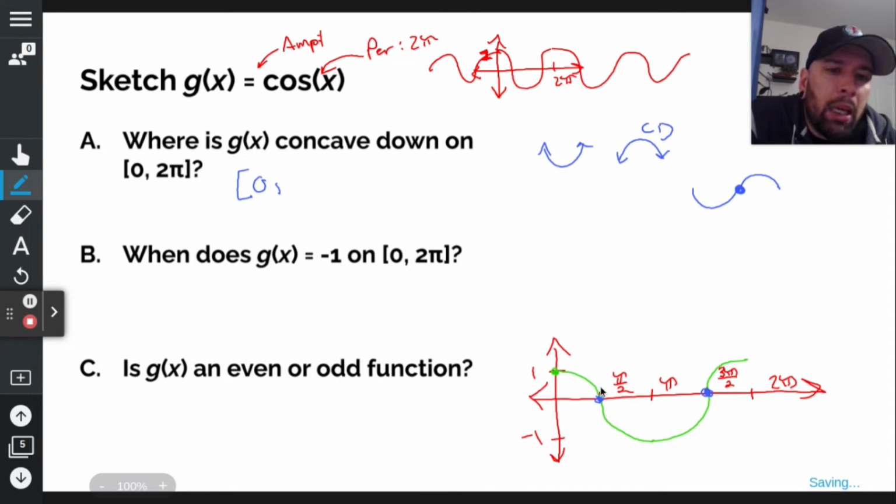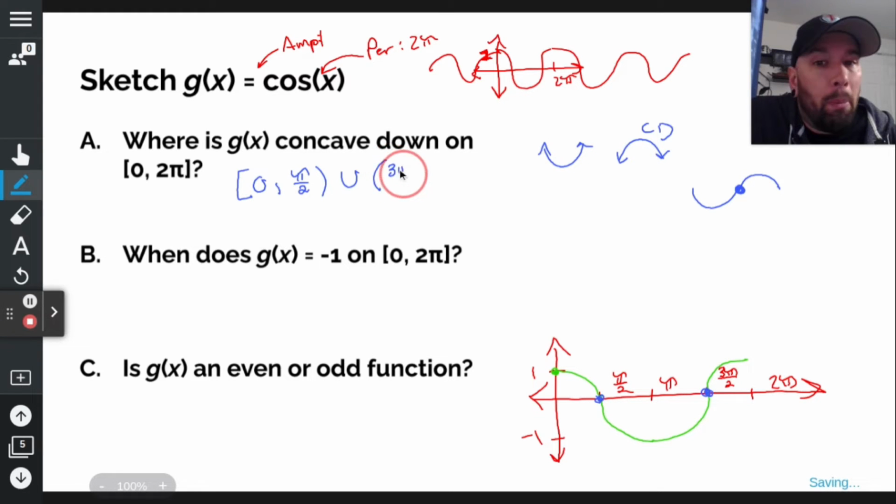Then we hit pi over 2, and up to but not including pi over 2, we are concave down, and then we hit that inflection point. Then it's concave up from here to here, and then right there is my inflection point again. It starts being concave down again at 3 pi over 2, but not including 3 pi over 2, because an inflection point does not determine concavity, it just changes it.